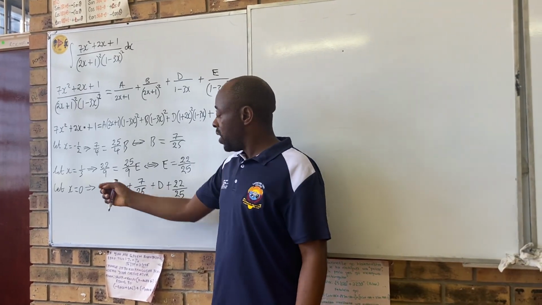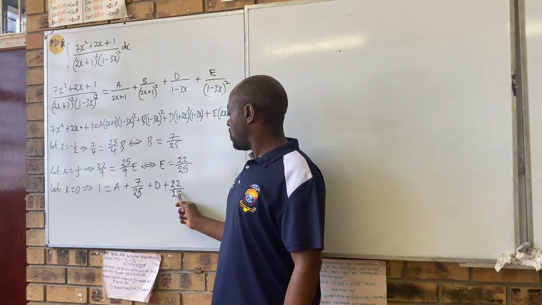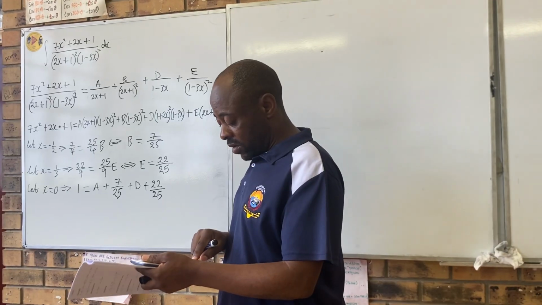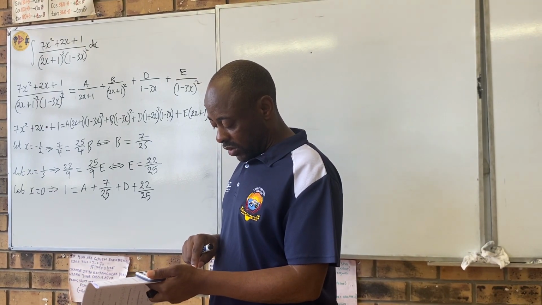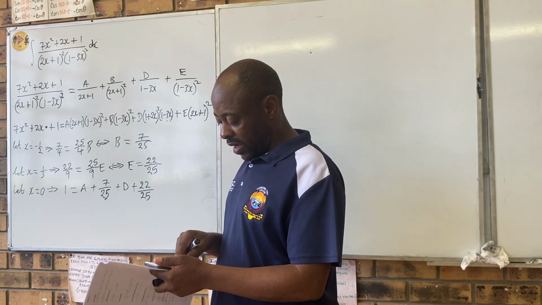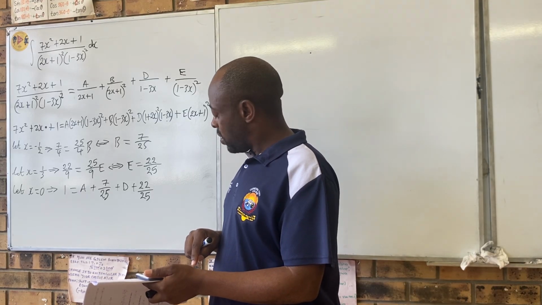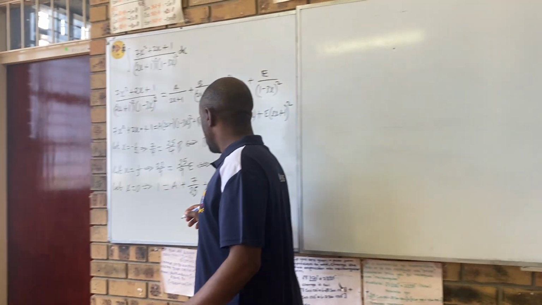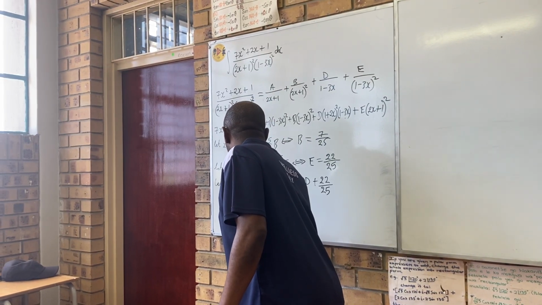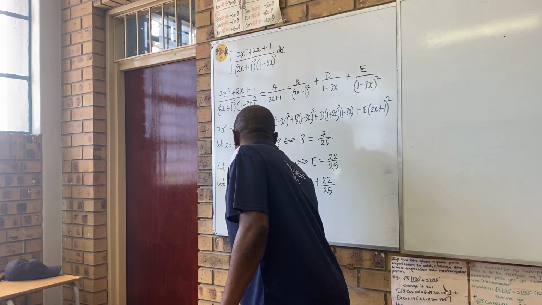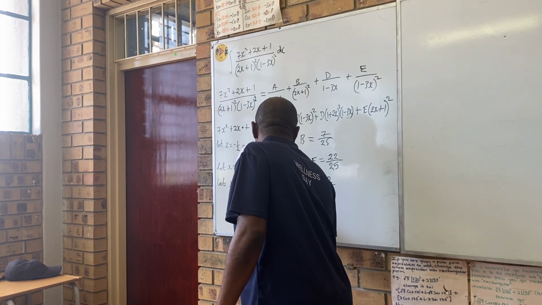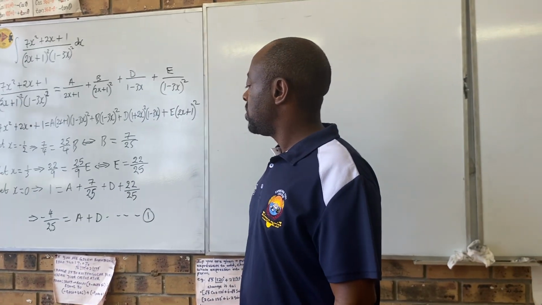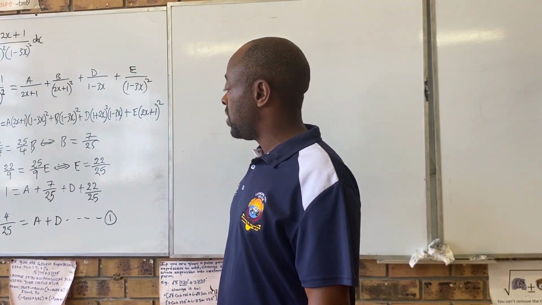But looking at that equation, you will see that 22/25 and 7/25 are like things to 1. So on your calculator, you just take 1 minus 22/25, then minus again 7/25. So that gives me the equation being -4/25 is equal to a plus d. So this is my equation number 1. That's how I get equation number 1 in terms of a and d.